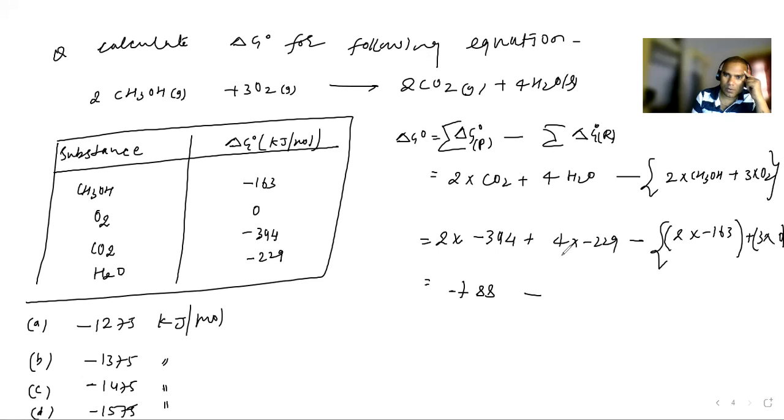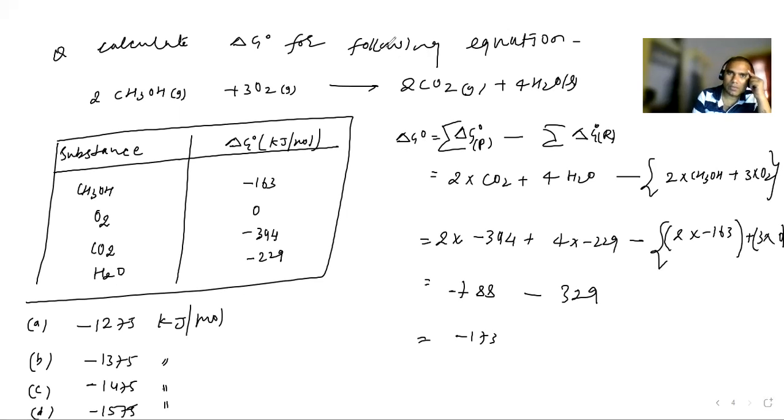If you solve all this, minus 788 is coming, and you need to subtract 329. So it is coming minus 1375.